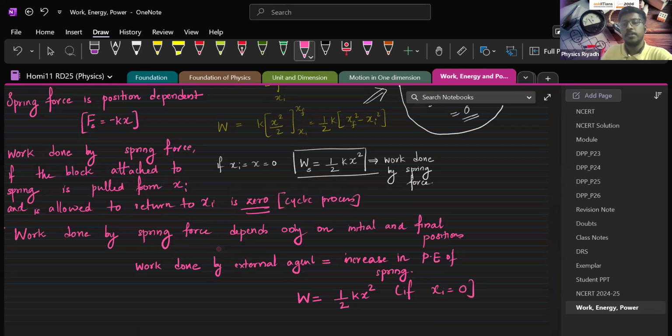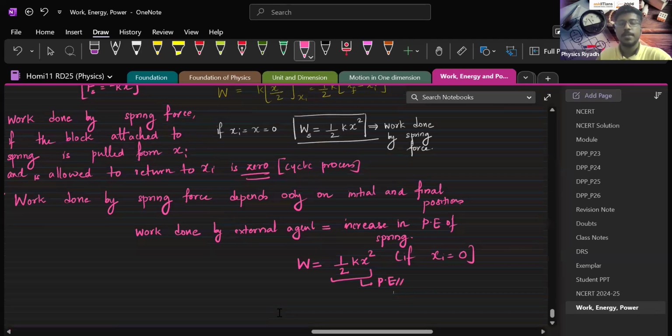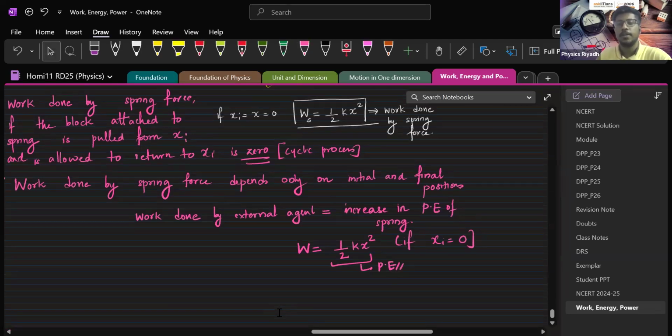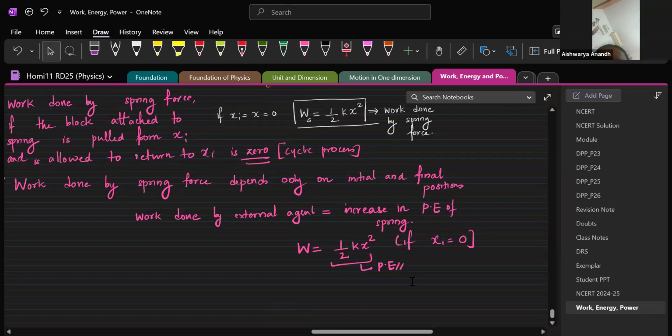This work done gets stored as the potential energy. So this is the potential energy expression for a spring. If it is not starting from the mean position, then you have to add x final square minus x initial square.